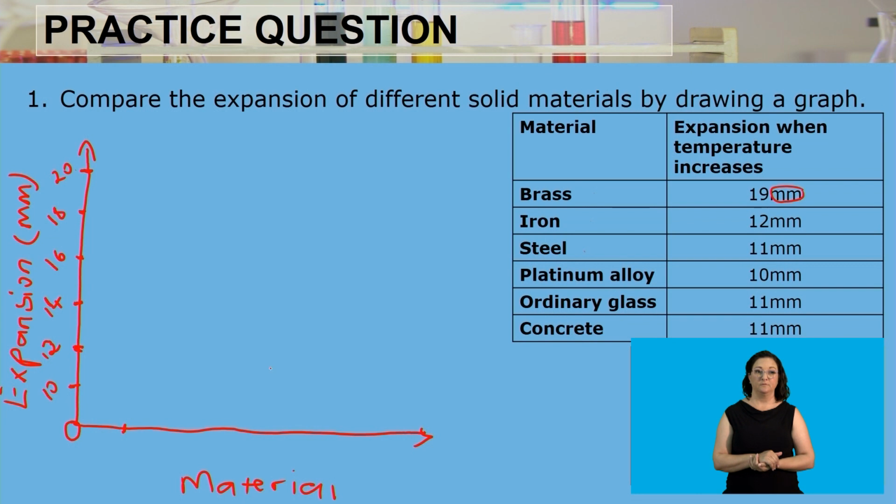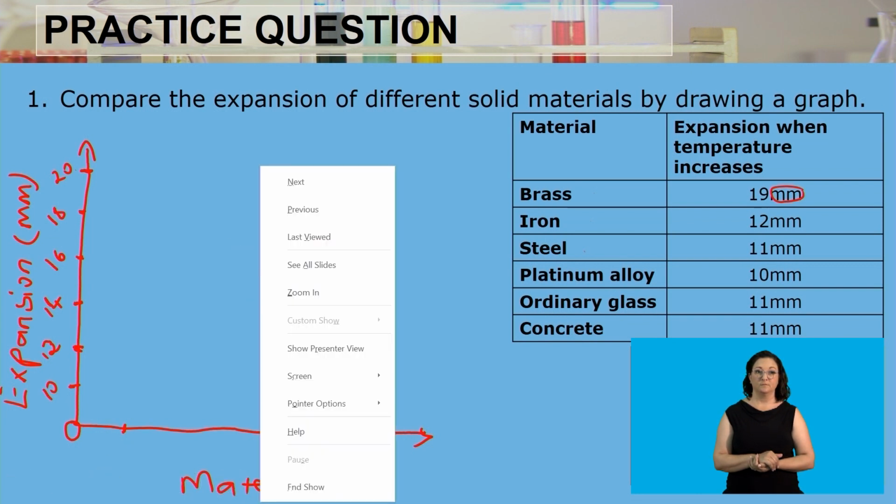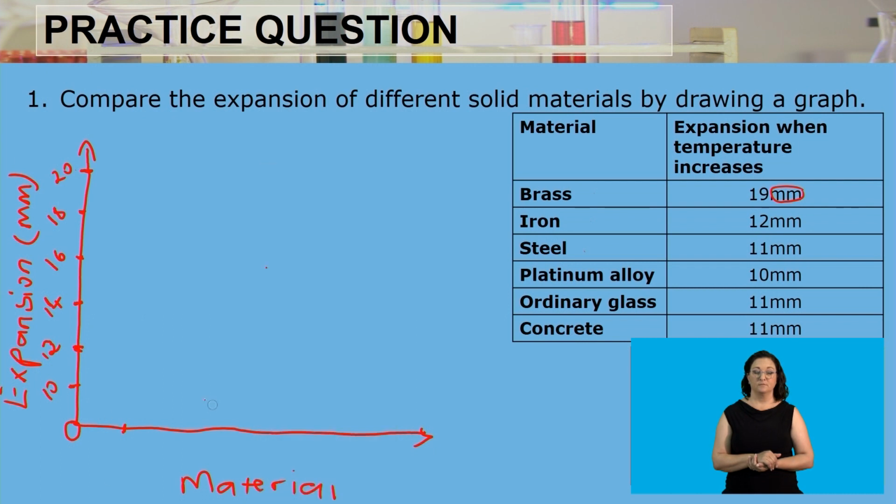It goes all the way up to 19 millimeters. So 19 millimeters is halfway between 18 and 20.